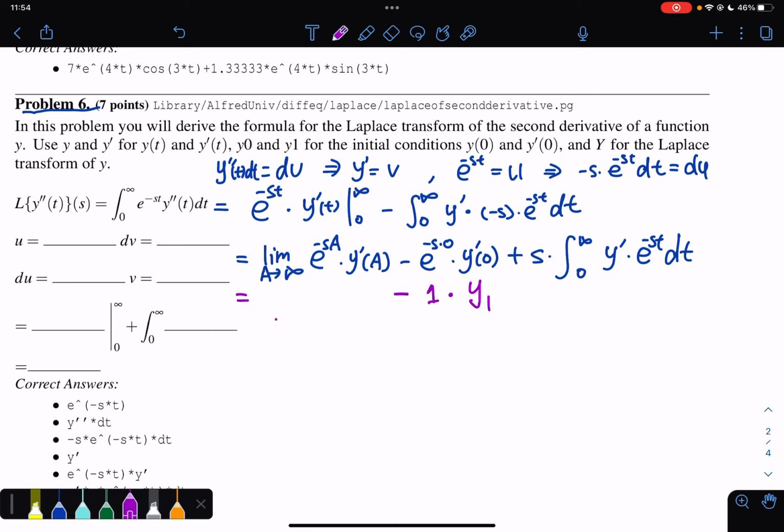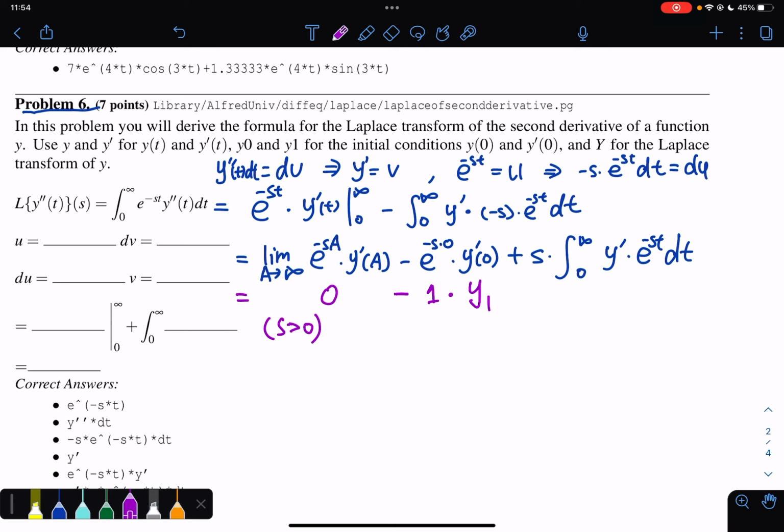If s were greater than 0, then positive times positive gives positive infinity, and the negative of that gives 0. So I have 0 times y prime of a, which is a finite number, so I end up with 0. I'm done with the first half, so I'm just going to write 0 here to make my notation compact.